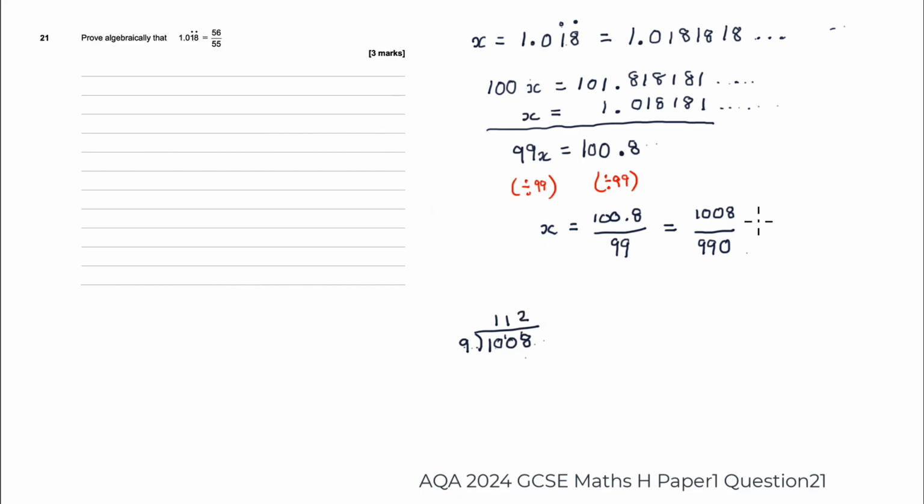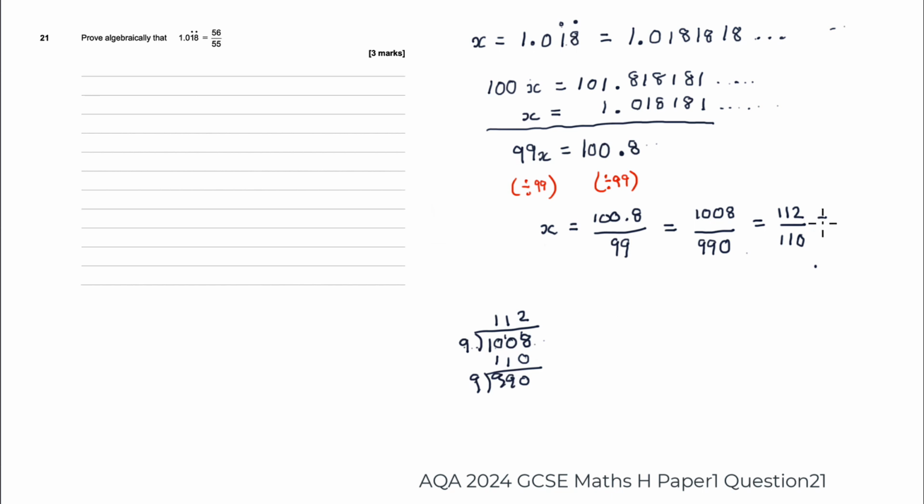So on the top of this fraction, we've got 112. And 990 divided by 9: 9 into 9 goes 1, 9 into 9 goes 1, and there's a 0 there. So we get 112 over 110.